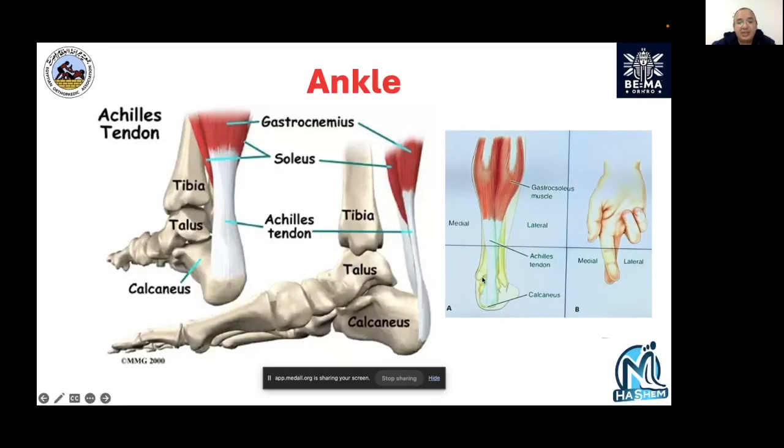And at the same time, makes the Achilles a lateralizing force, a valgus force, applying a valgus force on the hind foot. If you imagine this is the insertion of your Achilles, and you are standing, if you see the line of action of the medial is bigger and stronger, and the lateral is smaller, the gastrocnemius, and basically the medial is going to attach laterally, and the lateral is going to attach medially, and that's why your Achilles at this rotational area has a watershed area with low blood supply.